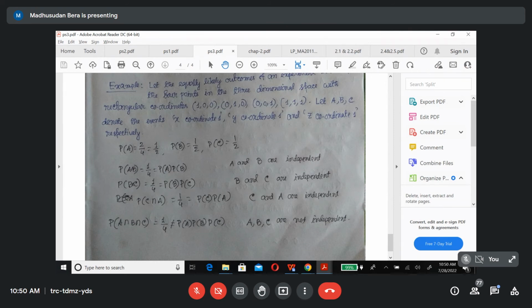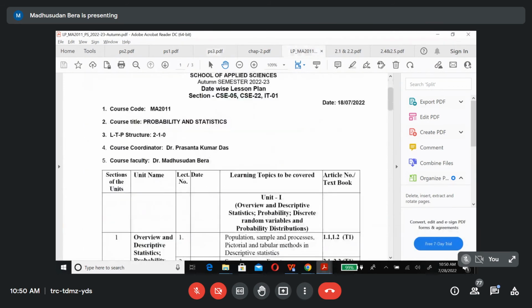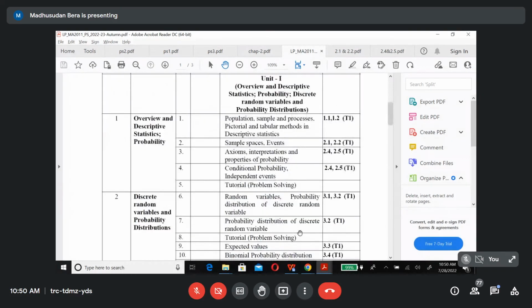These things are in 2.4 and 2.5. In chapter 2, 2.3 is not in our syllabus, so we have covered the theory portion in chapter 2 except 2.3. So conditional probability, independence of events, Bayes theorem, total law of probability.